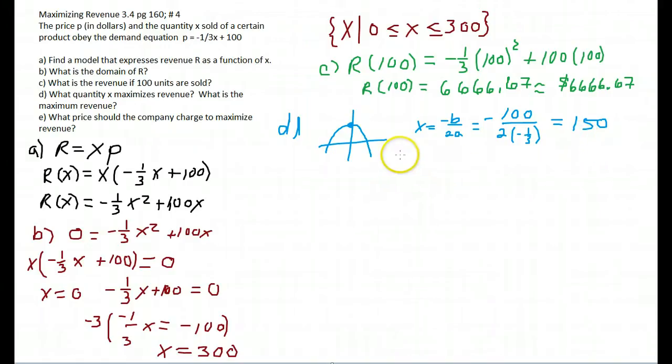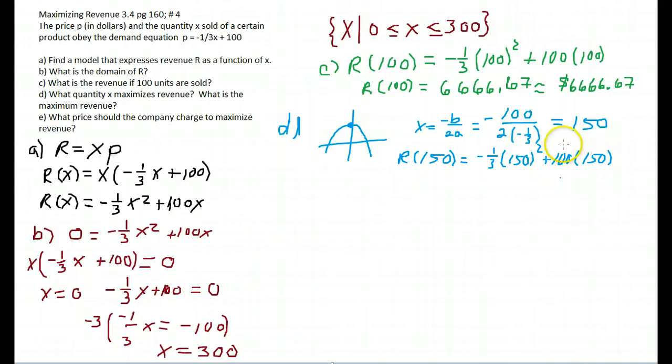To find the y-coordinate, we plug 150 in for x. So we find R of 150. So we take negative 1/3 times 150 squared plus 100 times 150.